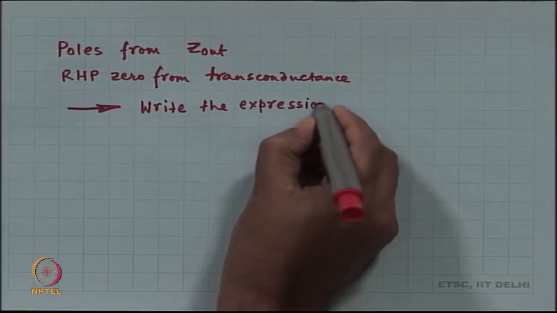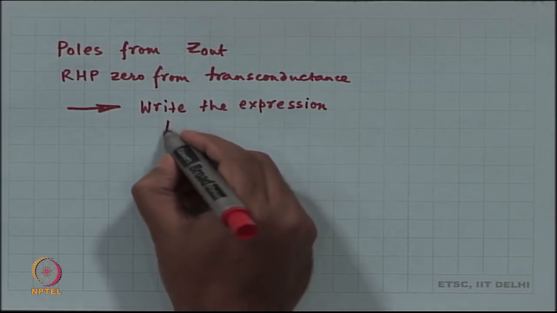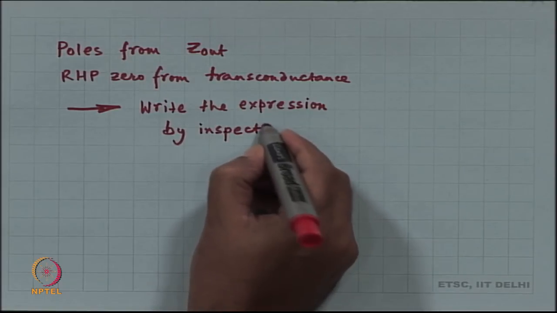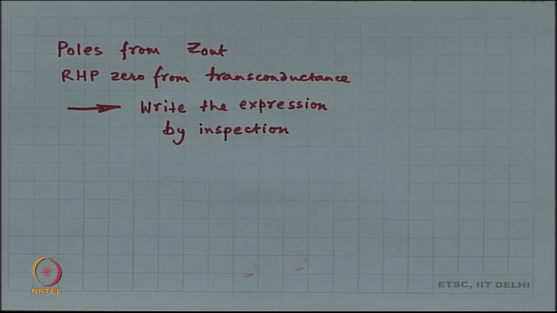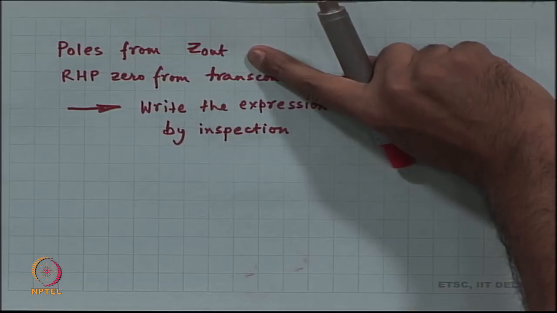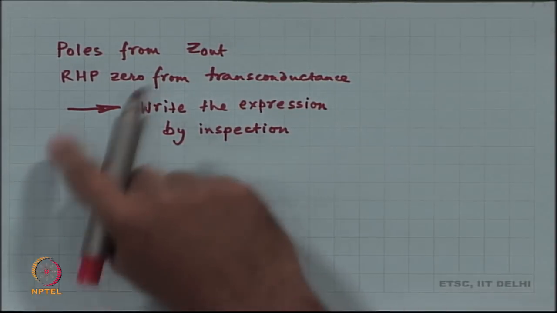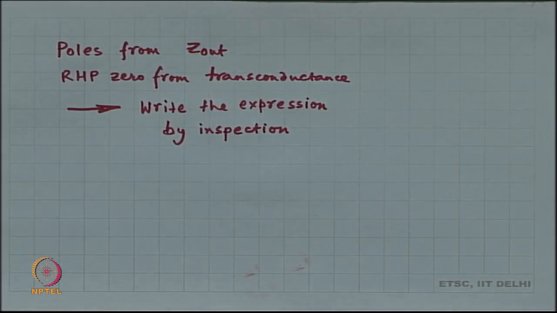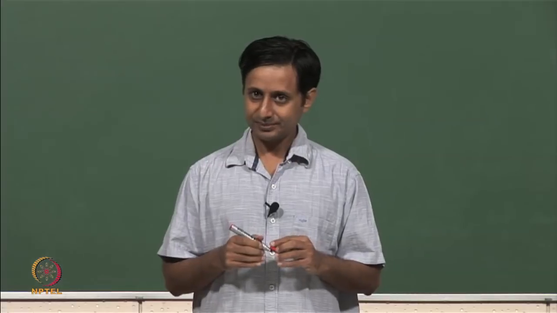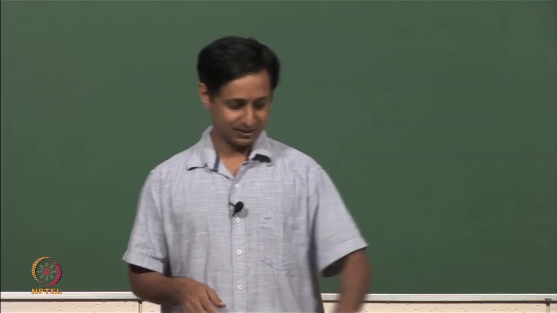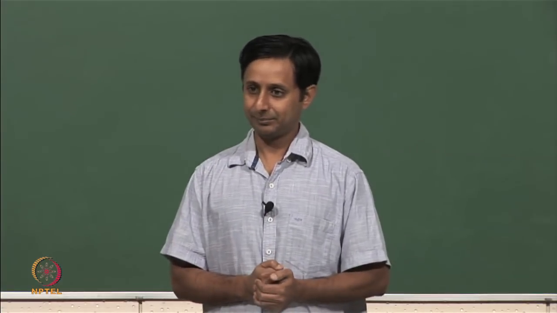Okay. So, this is the plan. Is it possible to do such a thing? Can I find just the poles from Z out, just the 0 from the transconductance, and write the rest of the stuff by inspection? The answer is, it is possible to do such a thing, we just have to know how to do it correctly.